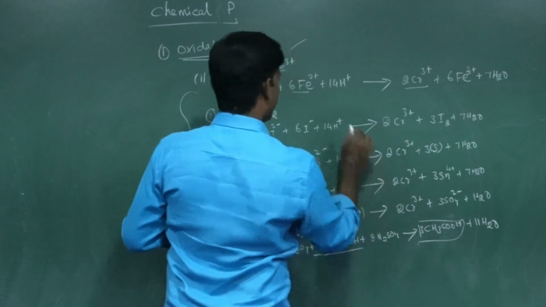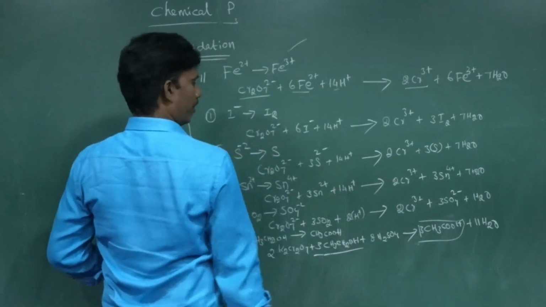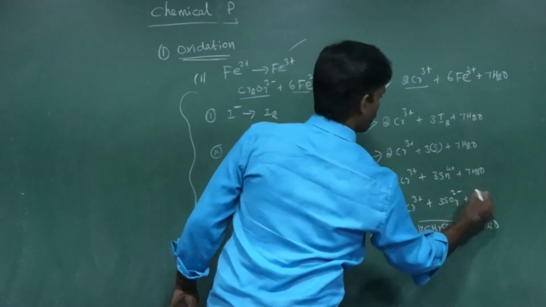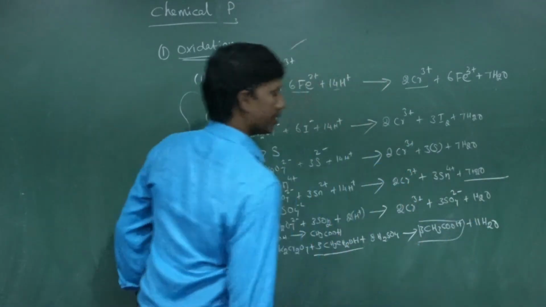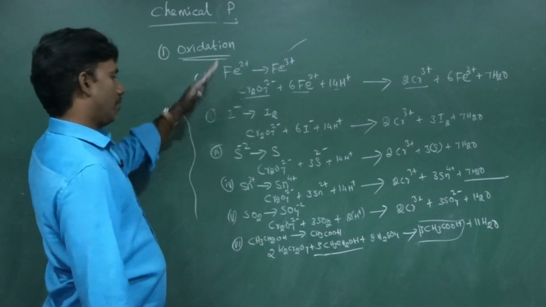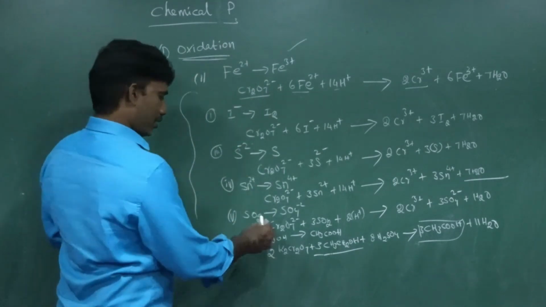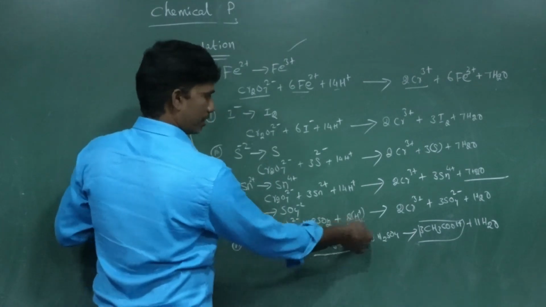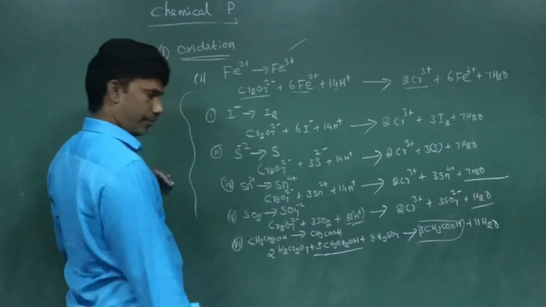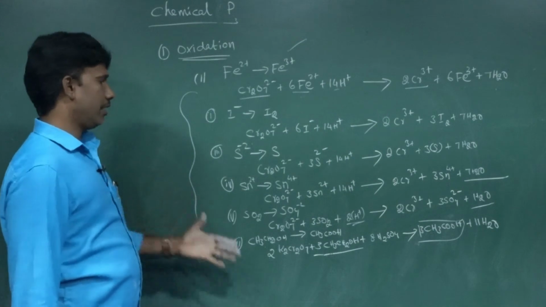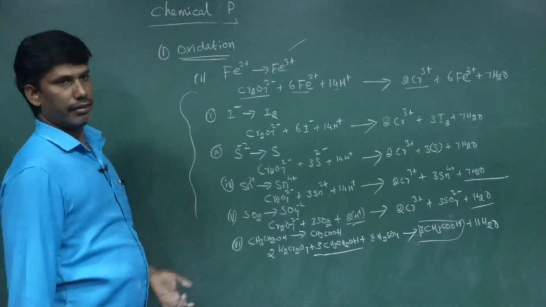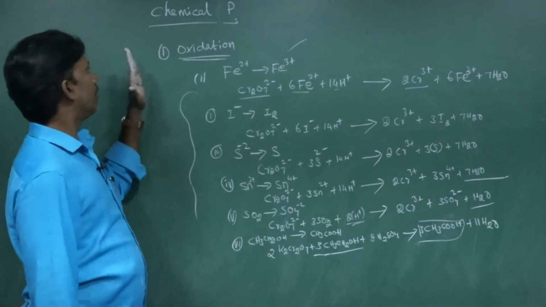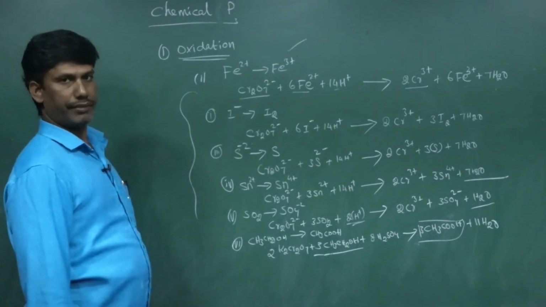For hydrogen, if you take 14H+, always you will get 7H2O, in all cases 7H2O for these 4 equations. And for sulfur dioxide to sulfate ion, you are taking only 2H+, that's why you are getting only H2O. Okay, these are the illustrations for the oxidizing property of potassium dichromate.